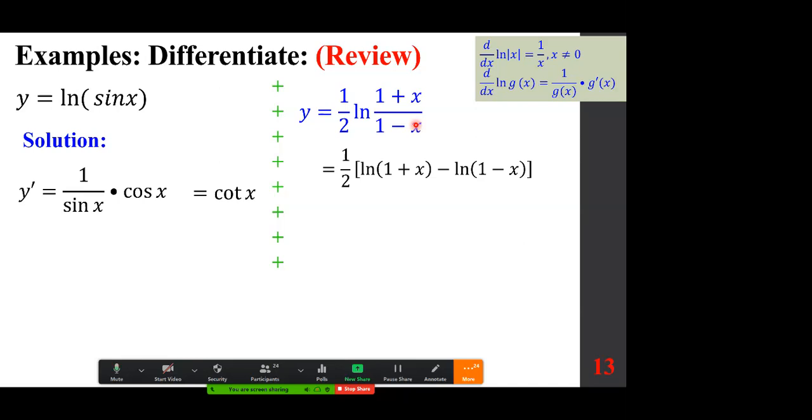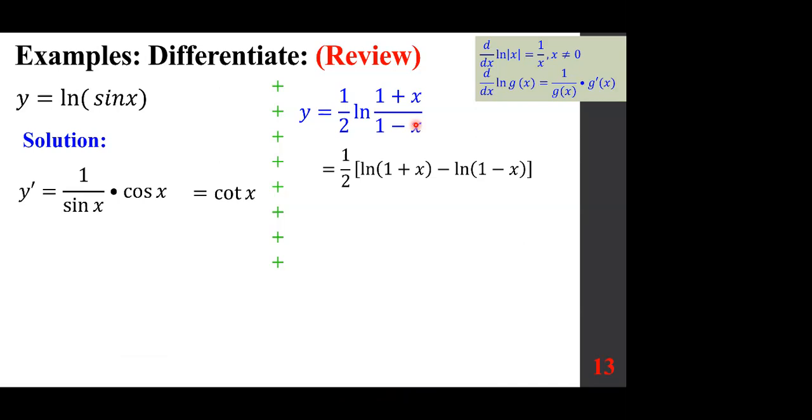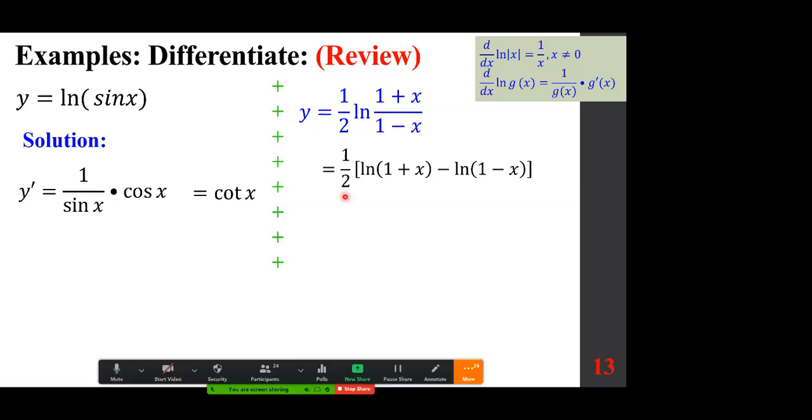Let's differentiate. 1/2 is a multiplier, it's going to remain, everybody. So 1/2. Inside the brackets, natural log, flip this over, 1 over 1 plus x, times its derivative. The derivative of 1 plus x is just 1.